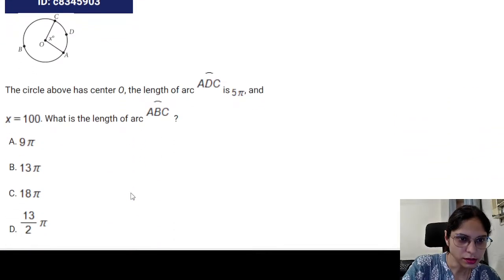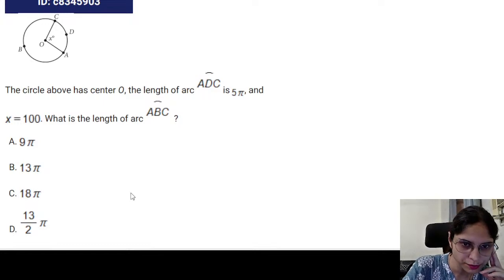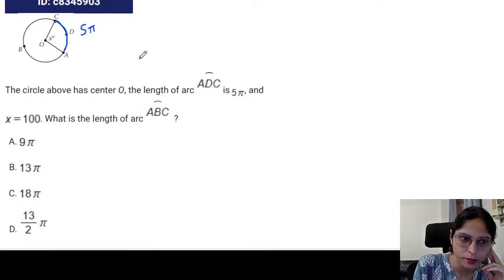Alright, the circle has the center O. Length of arc ADC is 5 pi. So this is 5 pi. This is 100 degrees.